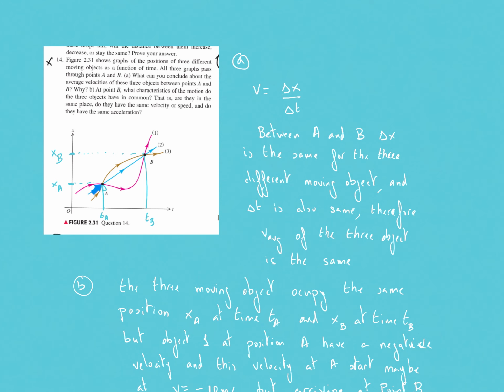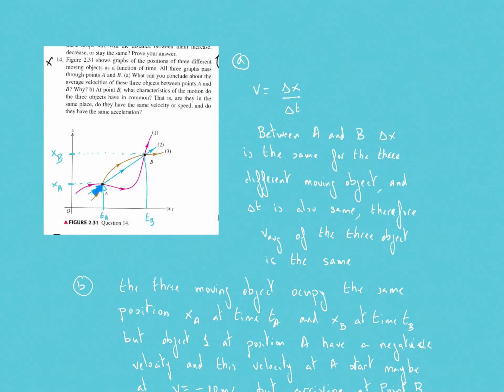At the point A, the similarity is that they have the same position. But object 1, the red one, has a negative slope. And the slope of the graph in an x-t graph is the velocity, delta x divided by delta t, because delta x will be negative when you move a little bit to the right.